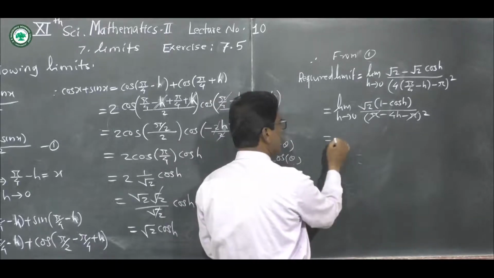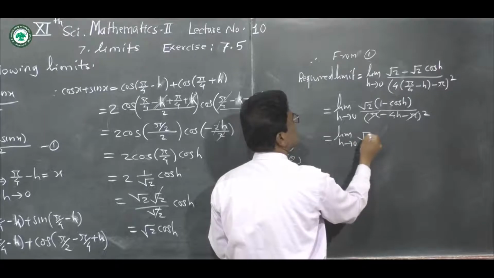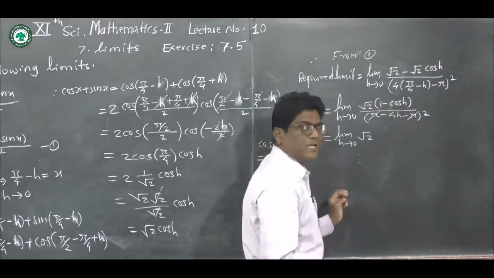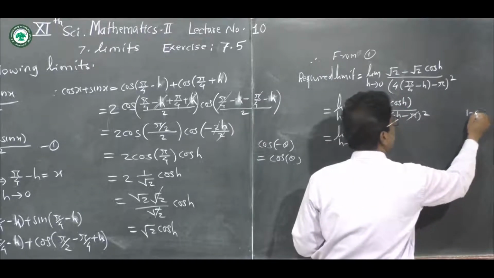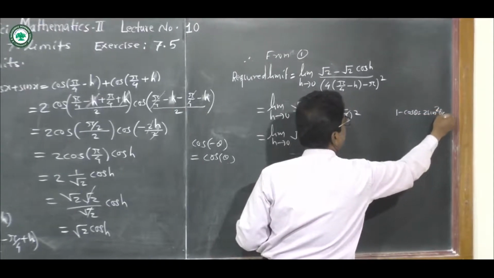So it is equal to limit as h tends to 0, root 2 as it is, 1 minus cos h. We have the formula 1 minus cos of theta is 2 times sin square theta by 2.